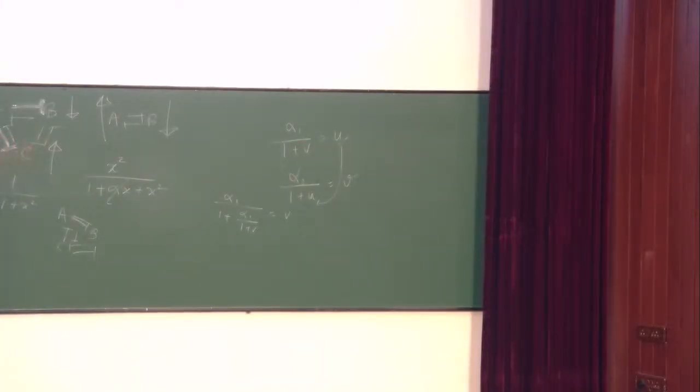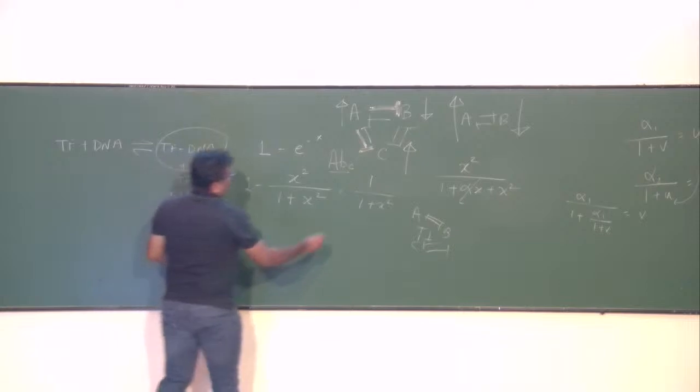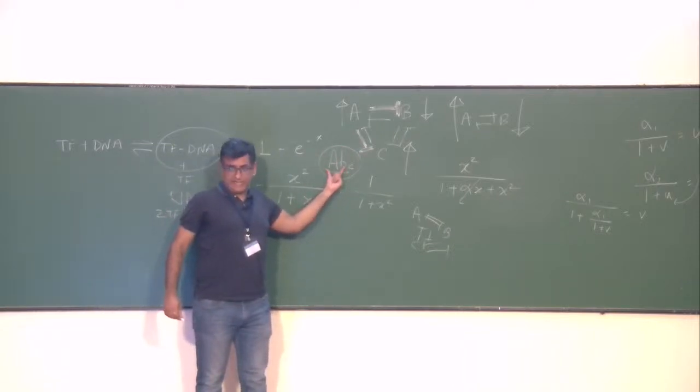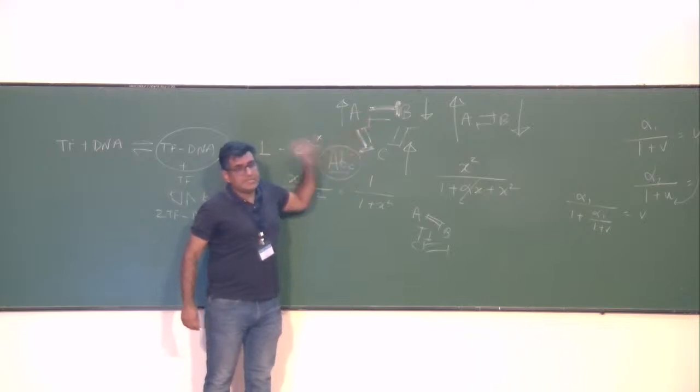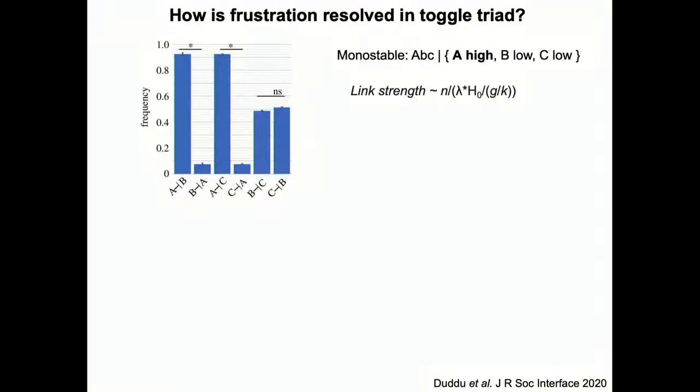So that was our hypothesis. We took every single parameter set that gave us this monostable state as the output, and asked when this condition is satisfied versus when it is not. The answer we got is the following. Indeed, in 90% of the cases, this condition was true. And as you can see, between B and C, there was no major asymmetry.